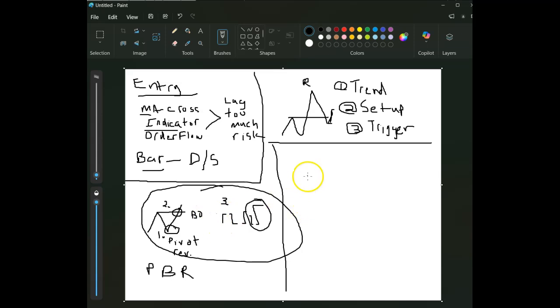So now, having said that, the idea is that we like to buy here. Why? Because in most cases you only have one bar of risk. If you buy the breakout here, the risk is multiple bars of risk. So why not get in from this bar instead of this bar?